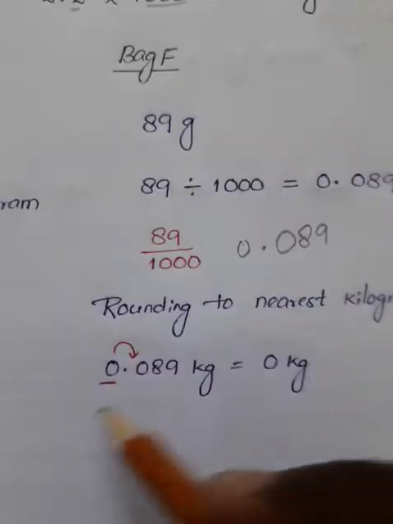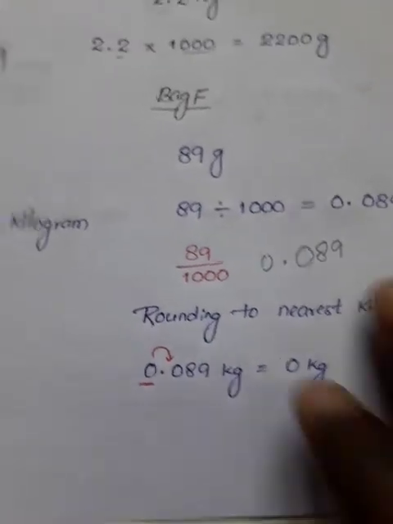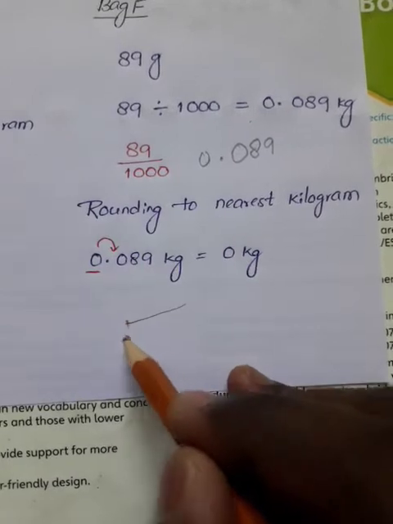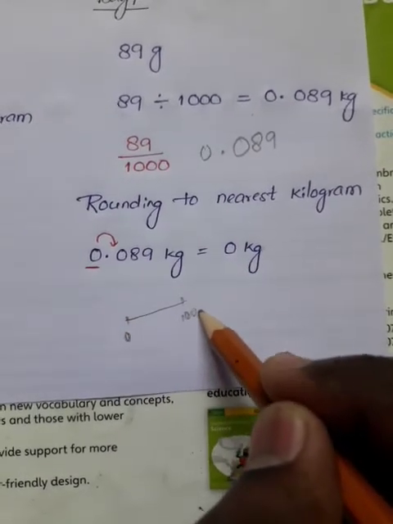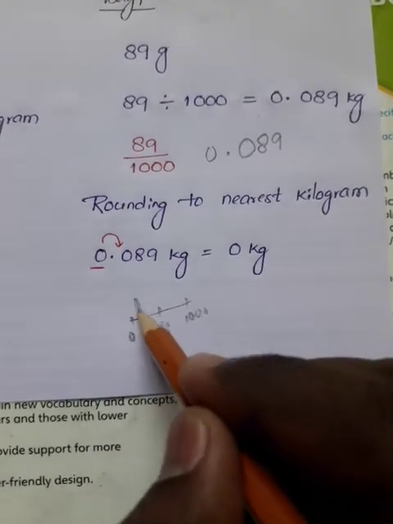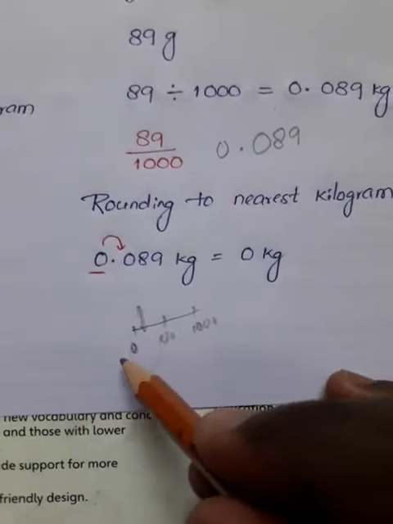So check, here is the 0. So the number is 0. 89 is too far from 1000, right? So I explain with the number line. This is 0 and this is 1000 grams, and the middle one is 500 grams. So 89 will be somewhere here. It is nearest to 0, not nearest to 1000. 1000 means 1 kilogram. So it is nearest to 0, so 0 kilogram only. I will explain more examples about rounding off.